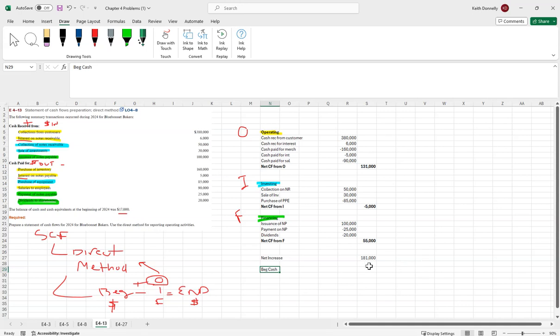They tell us over here that's 17,000. So if we take our beginning plus the change, the O, the I, and the F, the 181. So if we take 17 plus the 181, we're looking at ending cash of 198.